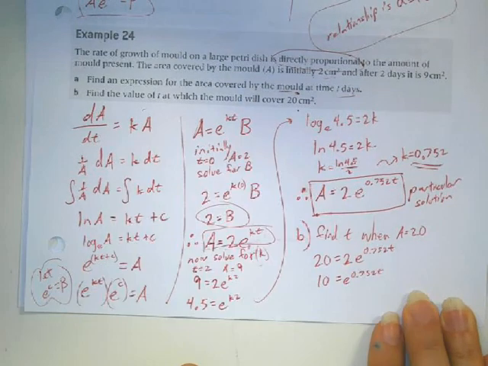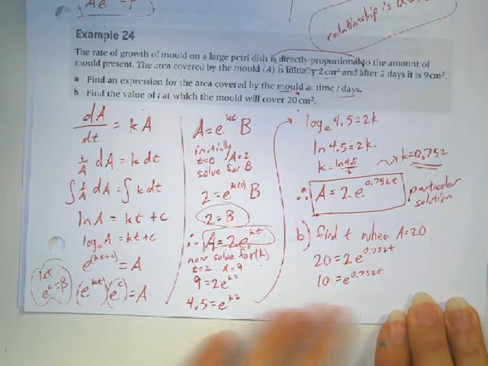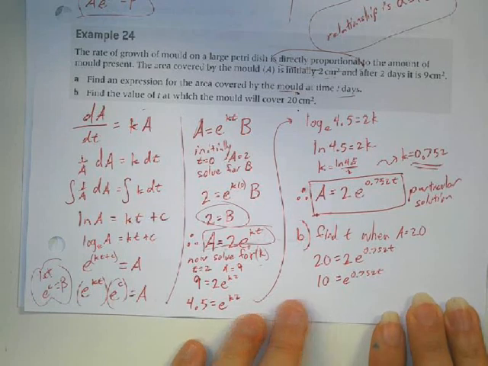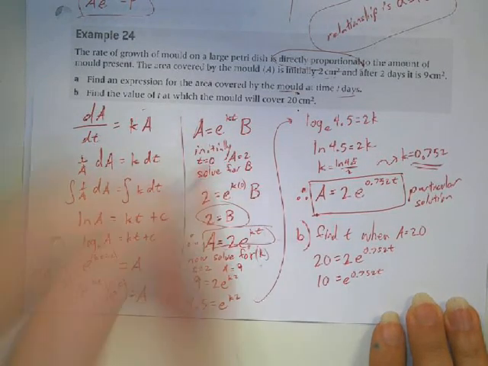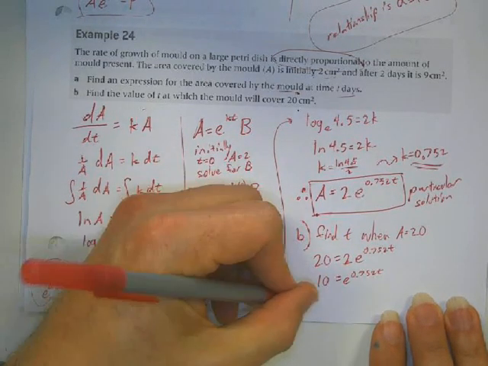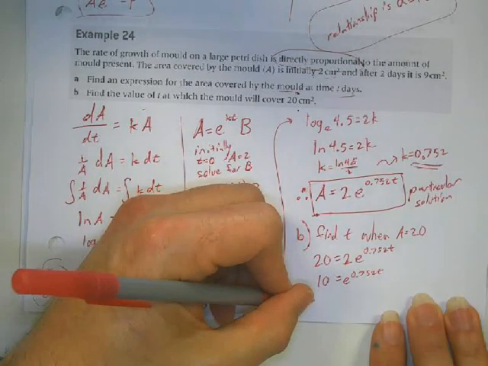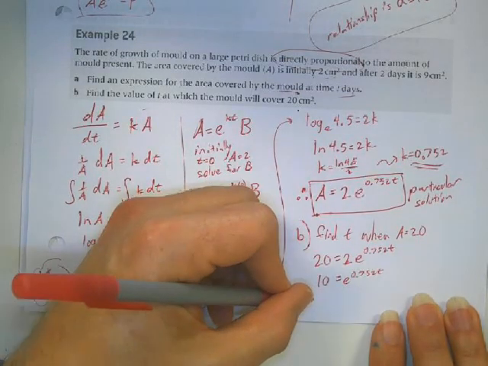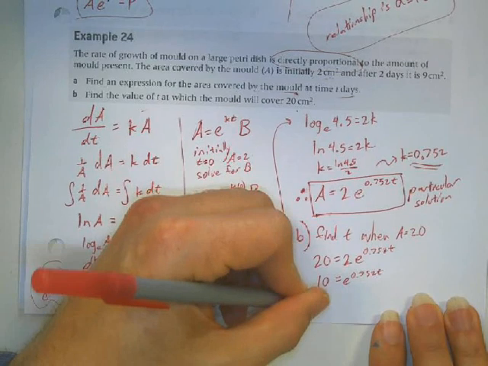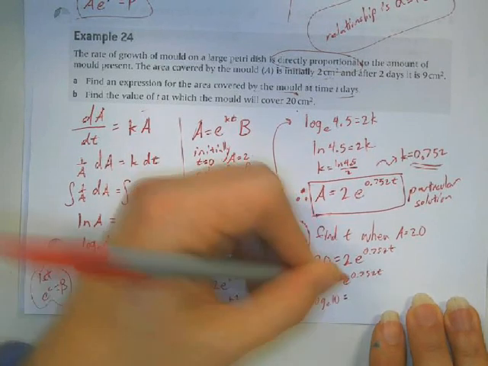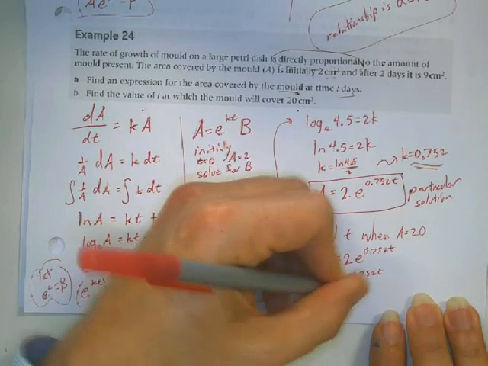I can convert this to logarithmic form, and I get log base e of 10 equals 0.752t.